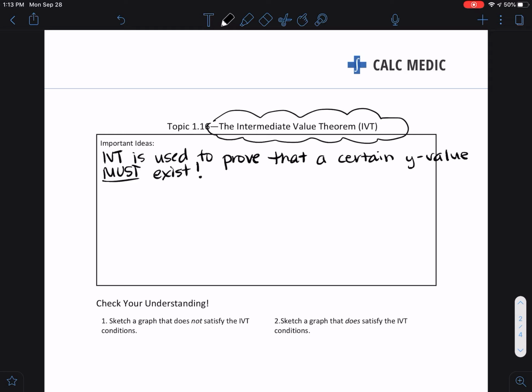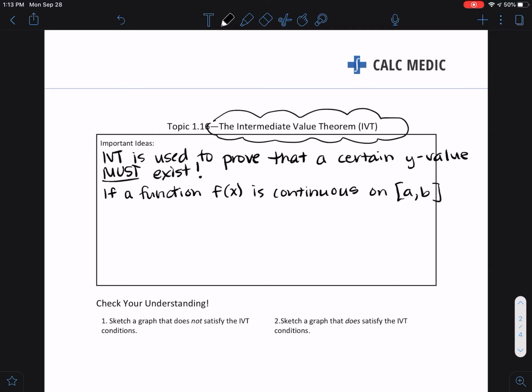So there's a condition that has to apply here, though, and you guys decided that. The condition is that the function has to be continuous. So if a function f of x is continuous, and it's got to be on the interval AB.